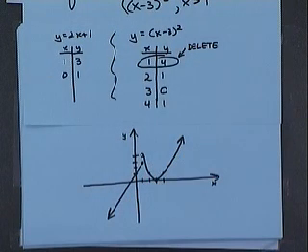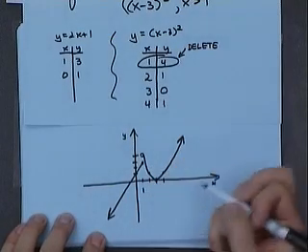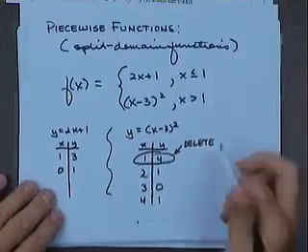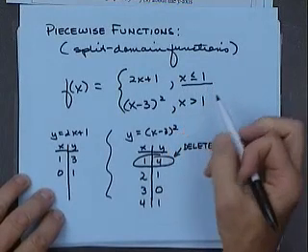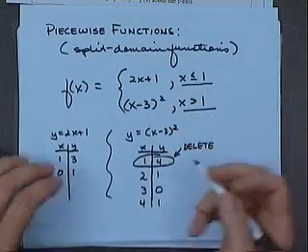So it's linear for a while, quadratic for a while. Is this a function? Yes, it is. It almost fails that vertical line test right here at x equals 1, but the fact that this includes that point and this excludes that point kind of saves us.